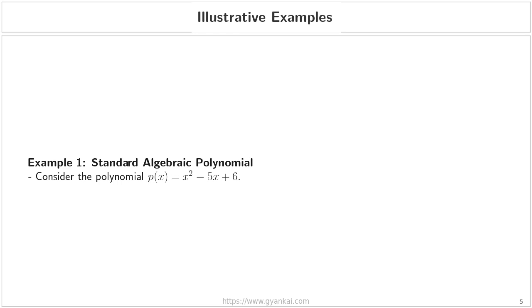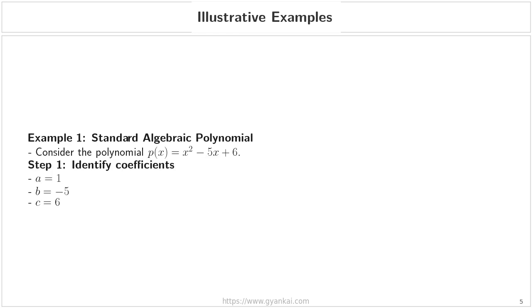To see if the relationship holds true, we are going to follow a systematic four-step verification process. Step 1 is to identify our coefficients. Looking at our polynomial, we compare it to the general form we discussed in the previous slide. Here, the coefficient of x squared, which is a, is 1. The coefficient of x, which is b, is negative 5, and our constant term, c, is 6.